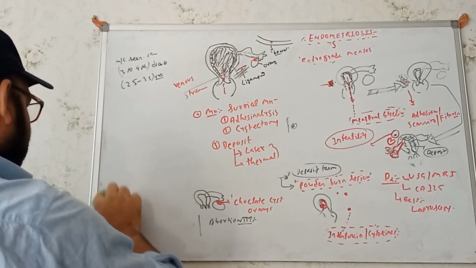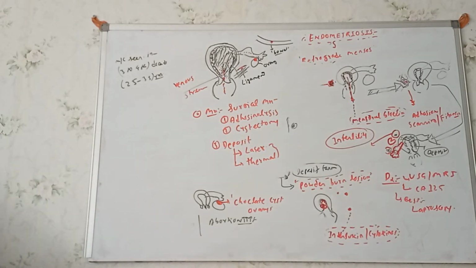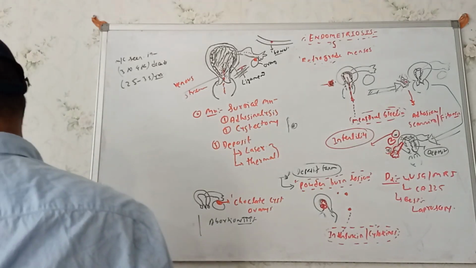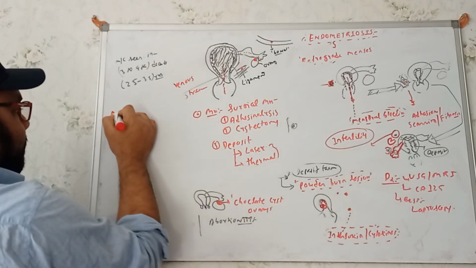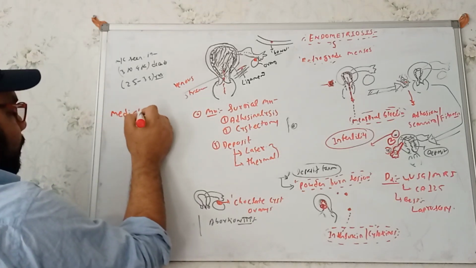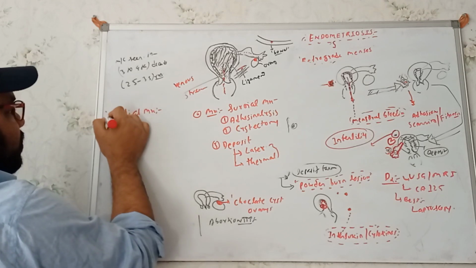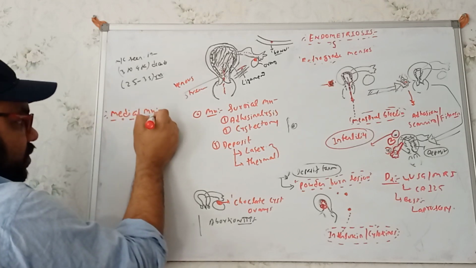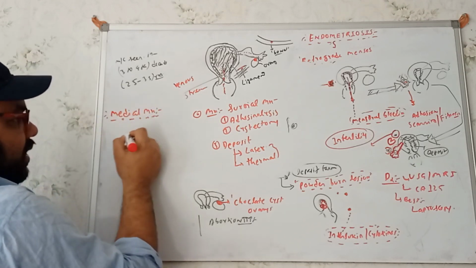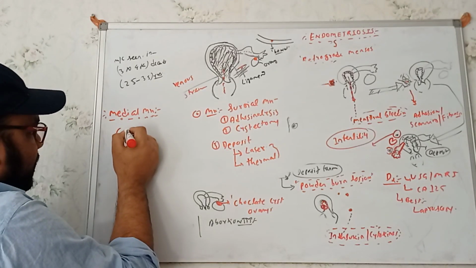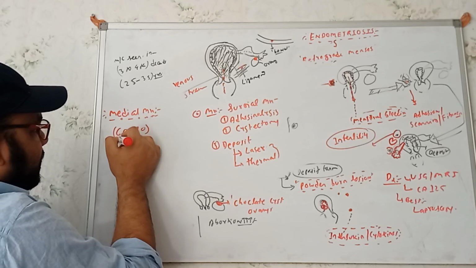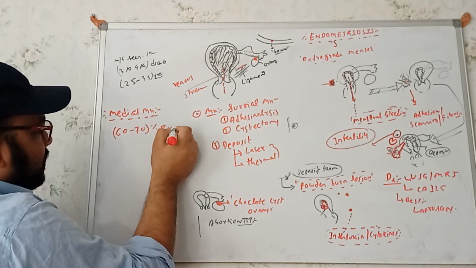That was the surgical management. Now is the medical management. Why should you go for the medical management? We will go for the medical management because in the surgical management, we can get 60 to 70% recurrence.